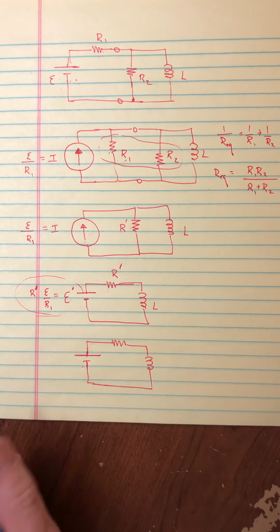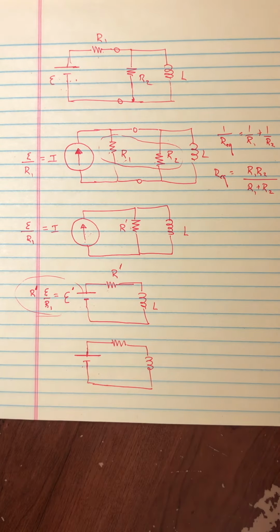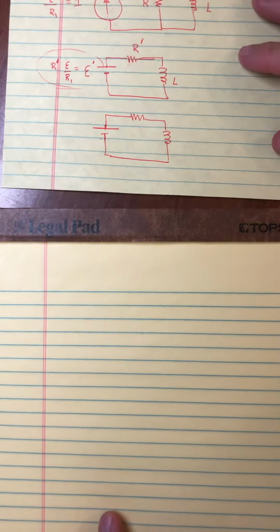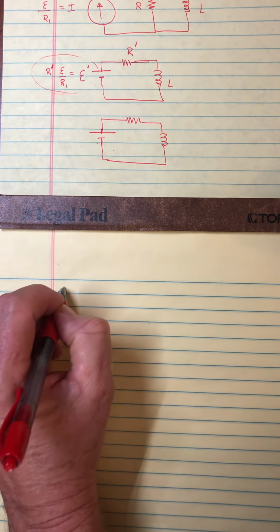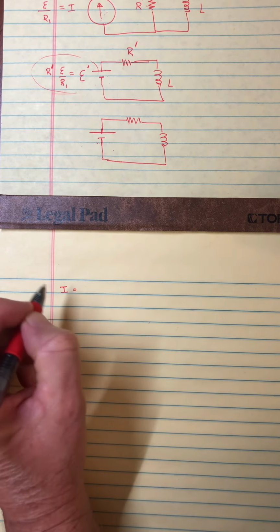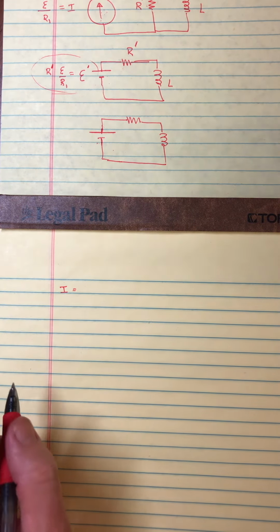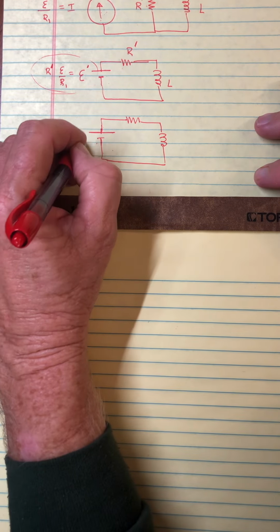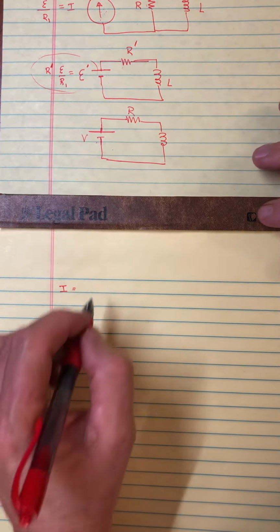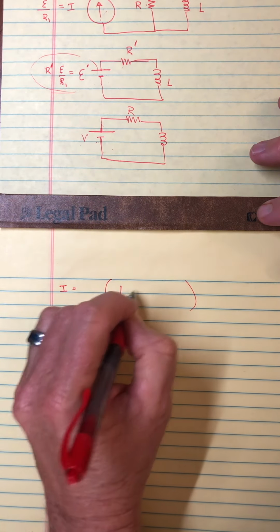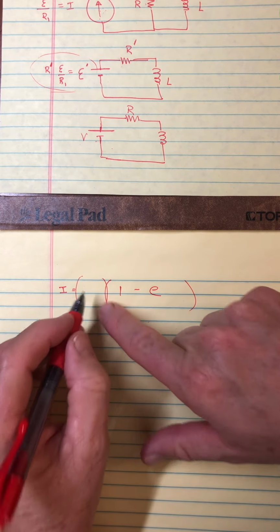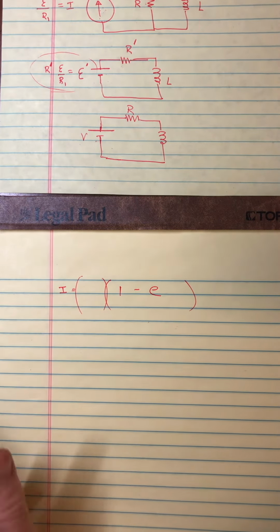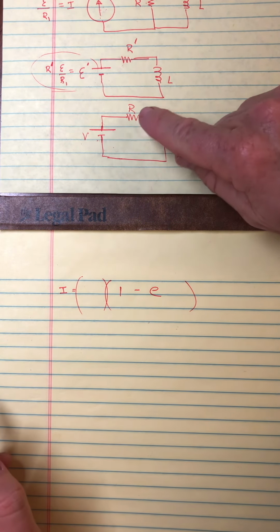But finally, I can say that I know the answer to this one because we solved it. We said that the current is equal to the long-term current, something like E minus something, where this number out in front is the long-term current, which would be the voltage divided by the resistance.